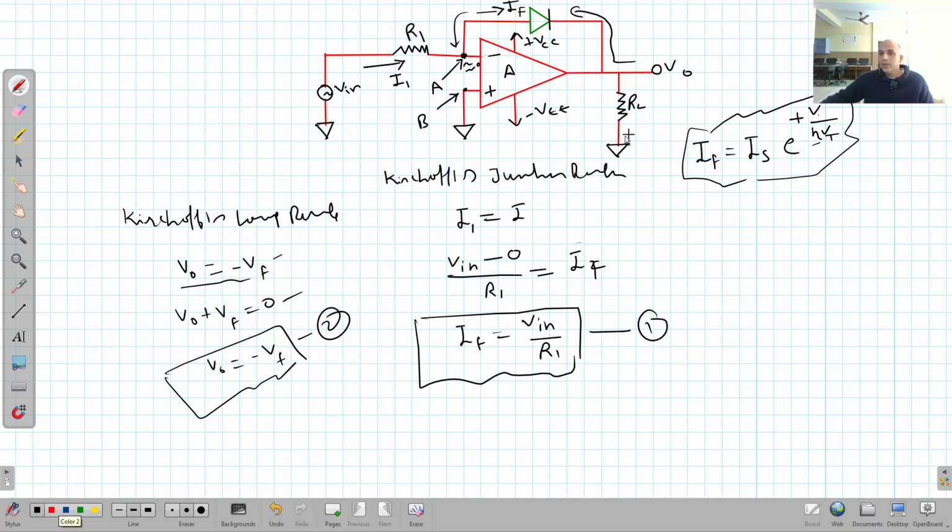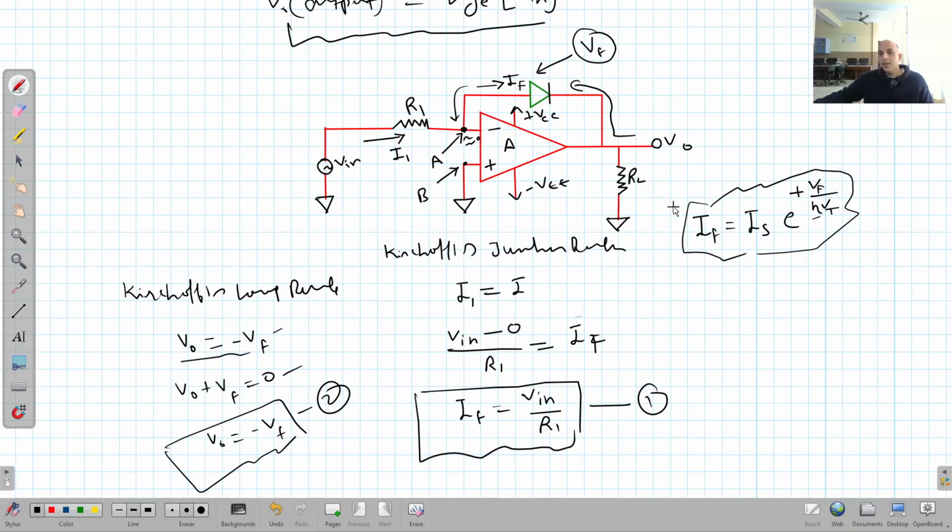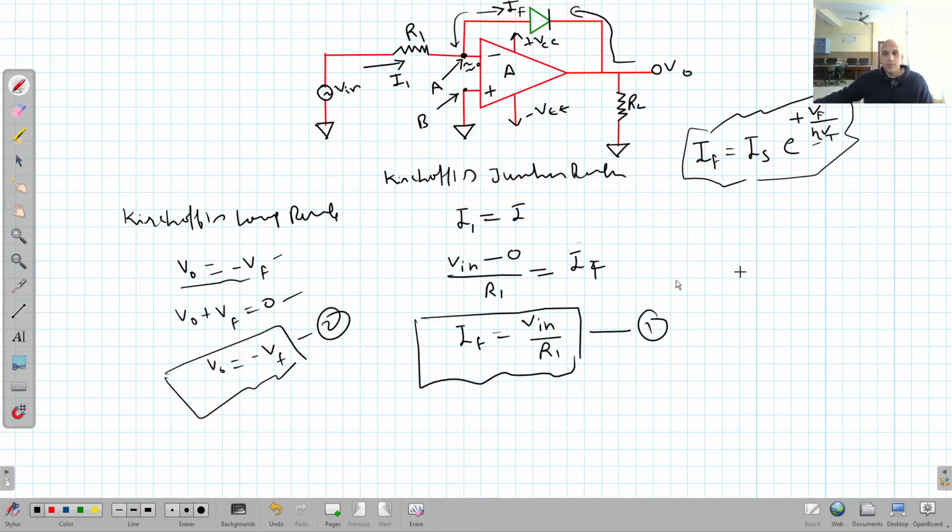It is VF, the forward voltage of a PN junction diode, the voltage that is going to be dropped at this PN junction diode. Now, if I put VF is equal to minus V output, then it will become minus. Whatever I mistook, IF is equal to IS e raised to power minus V output upon eta Vt.